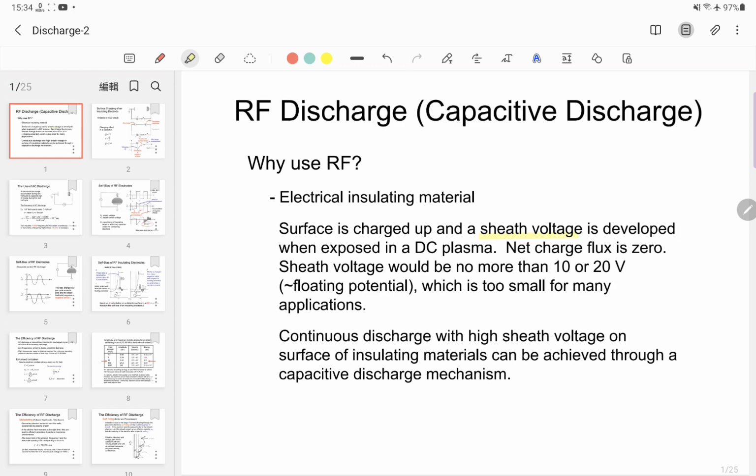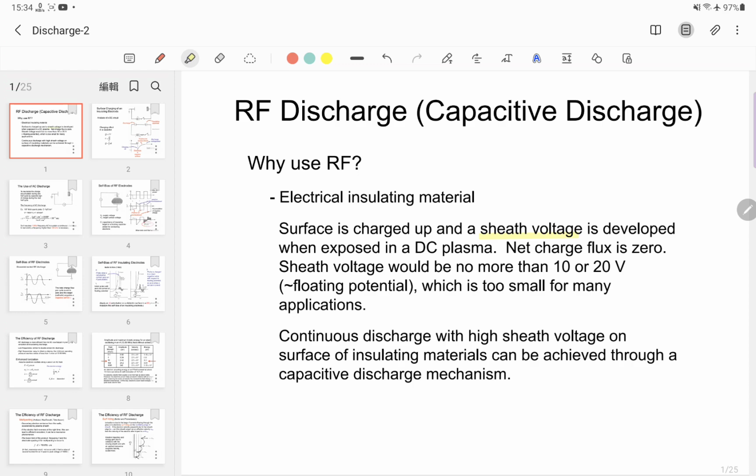Sometimes we might need a bias voltage of 50 or 100 volts, or negative, minus 50 or minus 100 volts, to undergo surface treatment or plasma treatment.